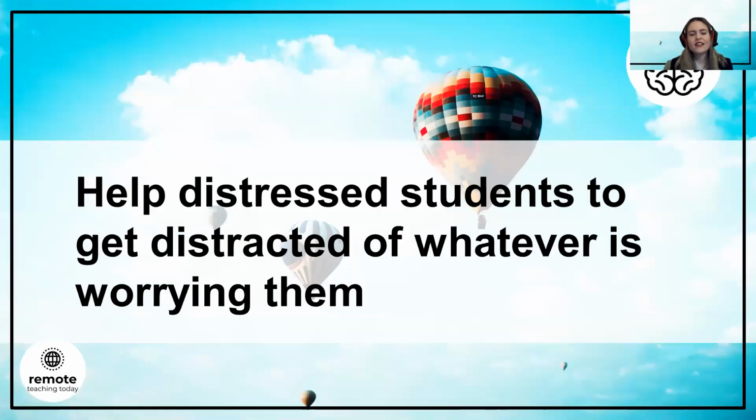The second is helping students distract themselves. What can we do to get students distracted? So we can, again, train them with different grounding techniques. For example, getting them to look for a red object in the room, or to count how many pink objects they can see in the room, for example when they are acting out aggressively.